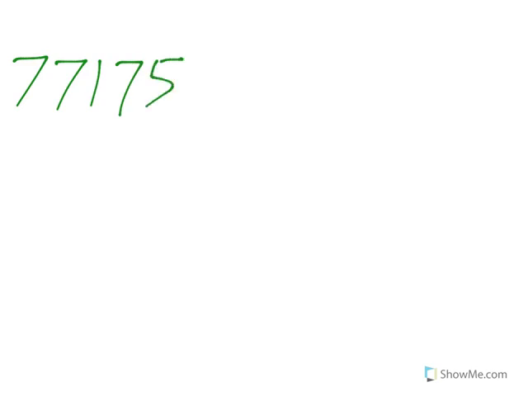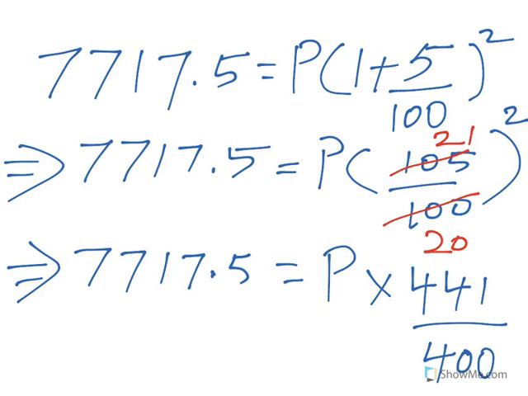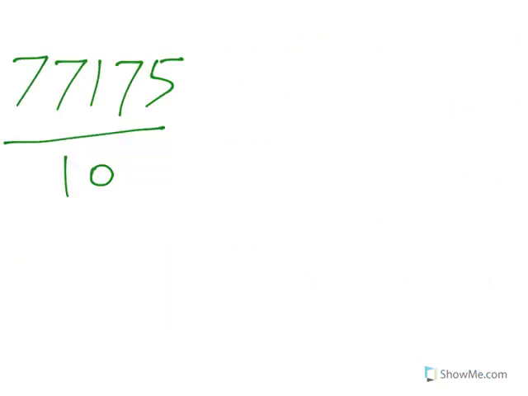7717, and I'm going to add the 5. I'm going to ignore the decimal point and just put a 10 here, because remember that this is the same as 77,175 divided by 10. Okay, and that's because this decimal point just shifts when I divide by 10.